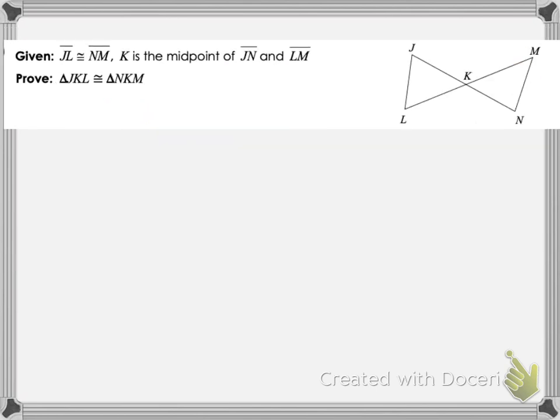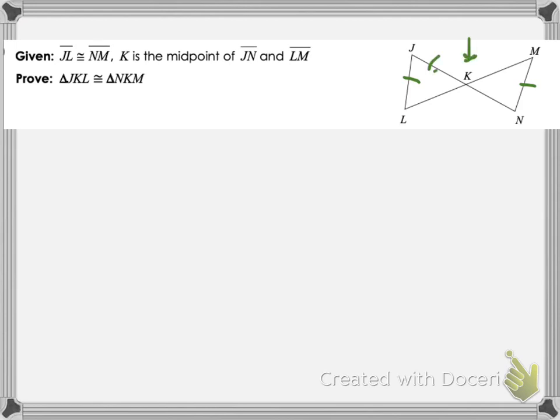Okay, let's look at this next one. Let's change colors because I'm getting bored of purple. Let's go with green. Okay, it says JL is congruent to NM, so let's mark those. K is the midpoint of JN.